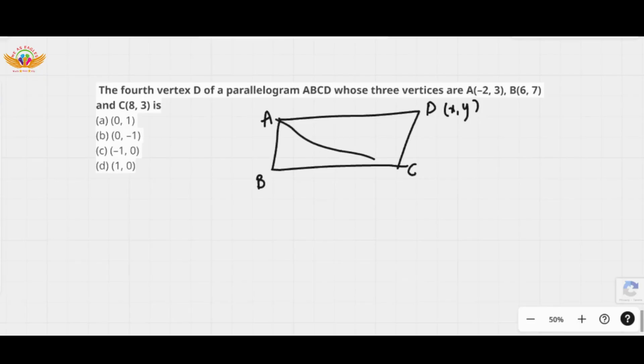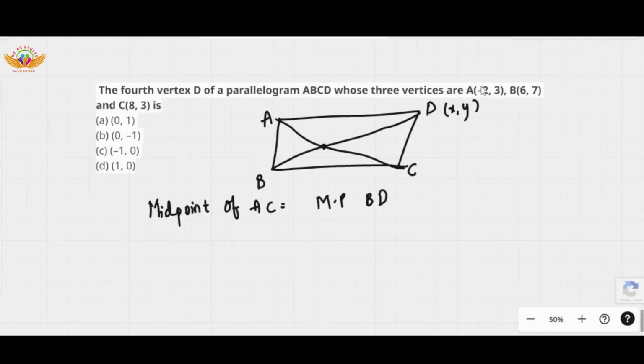As I told you, the diagonals of the parallelogram will be intersecting exactly in the middle. So the midpoint of AC is equal to the midpoint of BD.